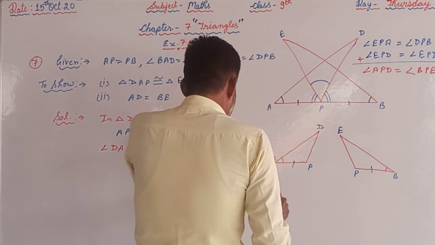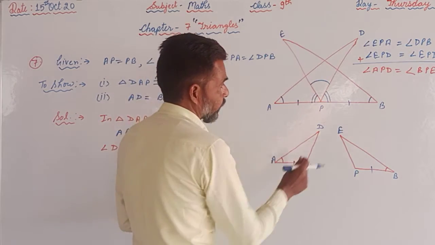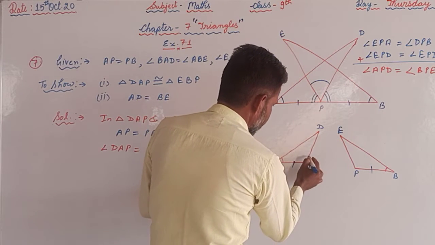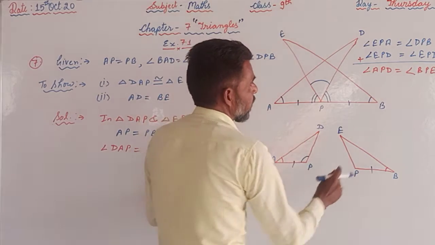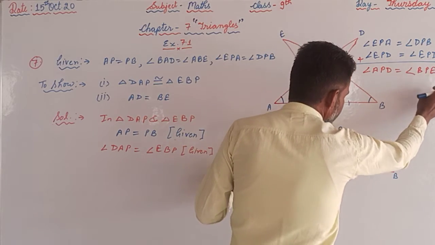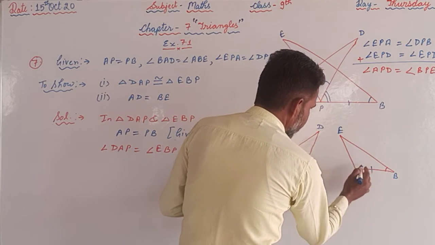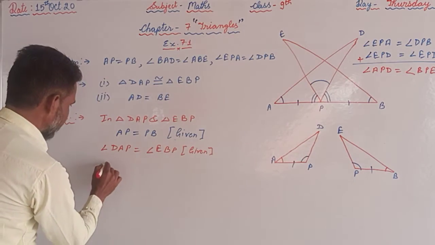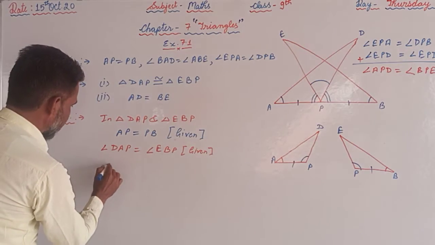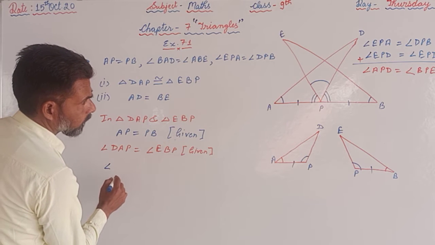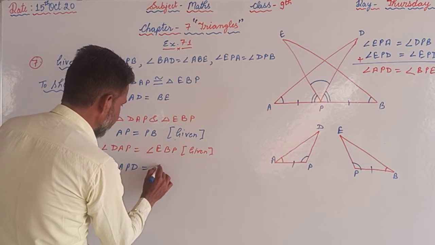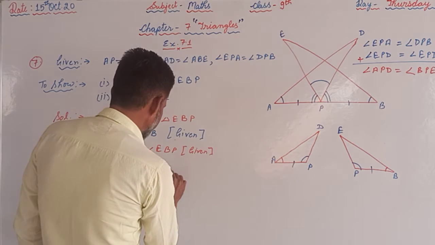Now we can mark that angle APD, APD means this angle is equals to angle BPE. BPE we have already proved that. So we will write here the angle APD is equals to angle BPE.